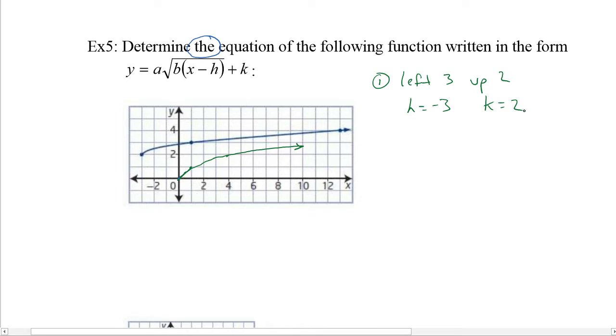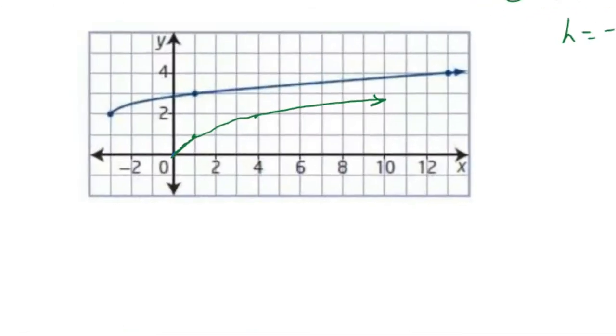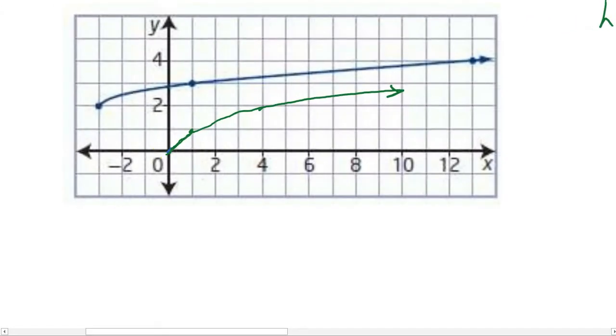So that's pretty straightforward. The next one is to think about what is our a and our b. How did it stretch? Okay, so I'm just going to zoom in a little bit. The important points I'm going to look at are the 0, 0 and our 1, 1. Regularly this horizontal distance is just 1 and the vertical distance is just 1. Now they've made bold two different points, and they put the dots where they exactly hit the coordinates.